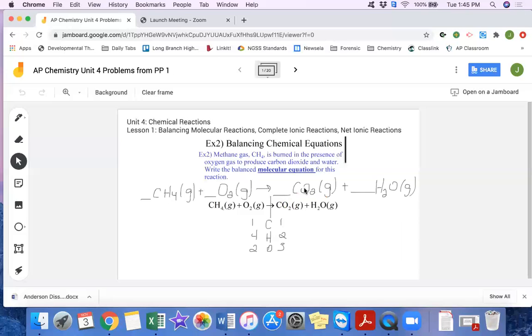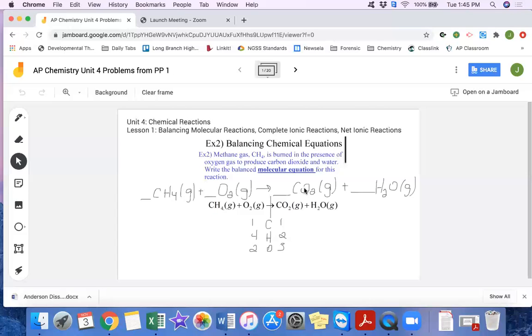Because our carbon is already balanced, we're going to move to hydrogen. A good rule of thumb is to always balance hydrogen and oxygen last because they're going to change the most. Also, if you have an independent molecule, for example O2, you want to balance that last as well because, again, it's going to change the most.